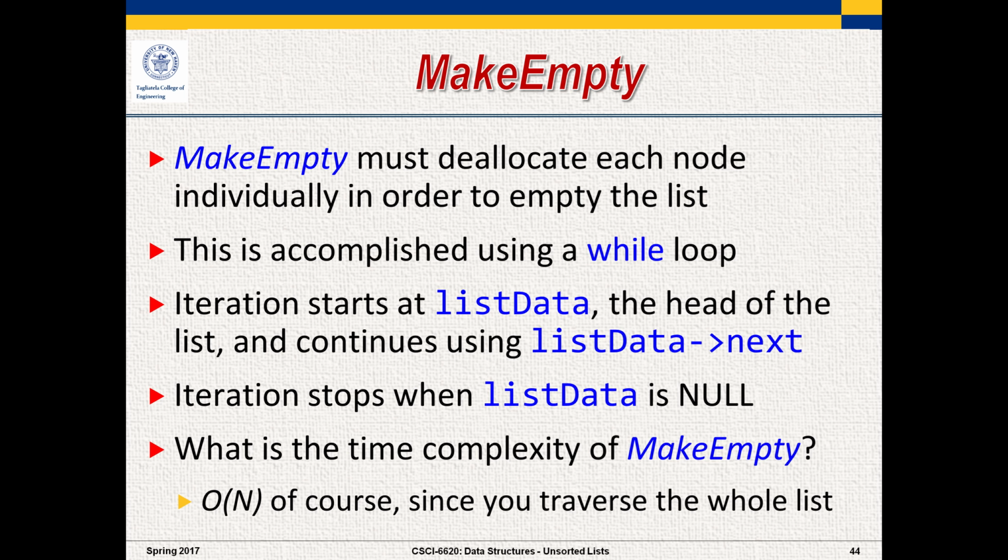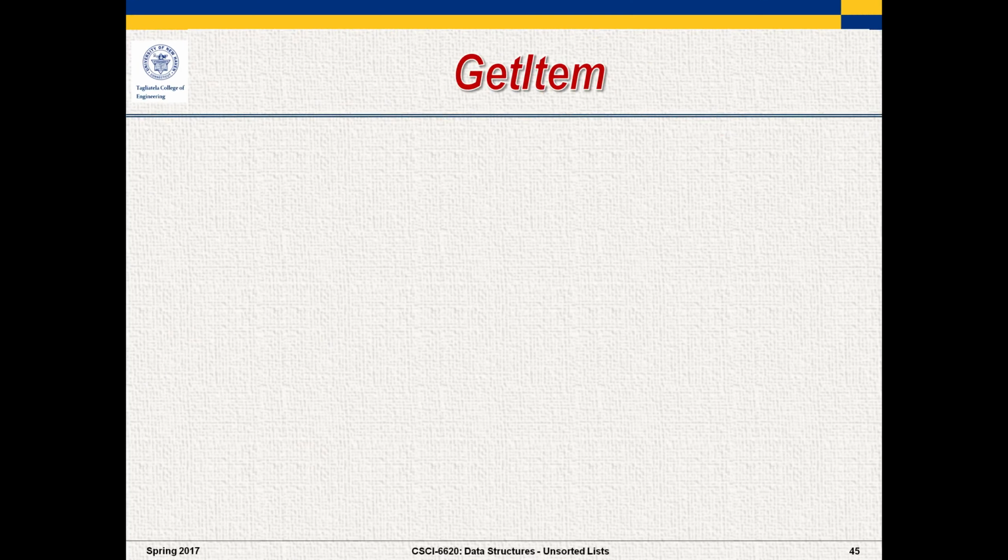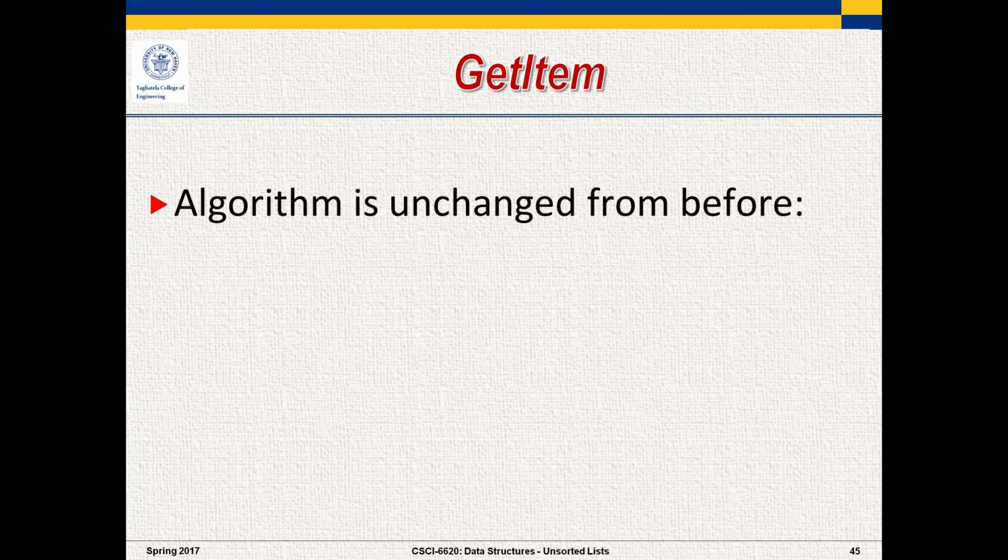So this is one of the major distinctions between the two implementations. In the array-based one, this would be constant time, and in the linked list-based version, it's order n, since you have to walk through the entire list to do this.